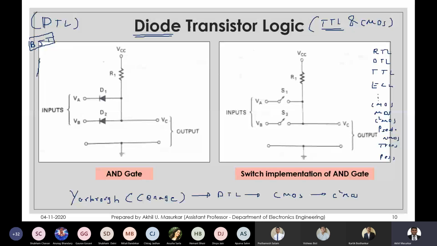I hope you know that BJT is a three terminal device: emitter, base, and collector, and there are two junctions J1 and J2. Based on the situation in the junctions, if J1 and J2 are both forward biased, we say that the BJT is operating in saturation mode. If J1 and J2 are both reverse biased, the BJT is operating in cutoff mode.